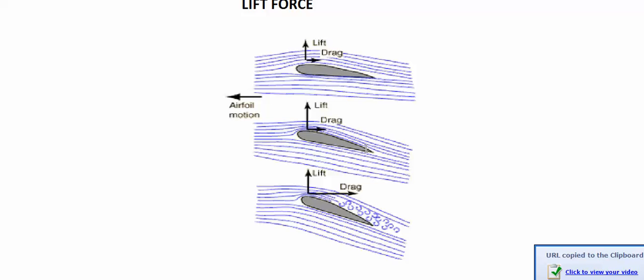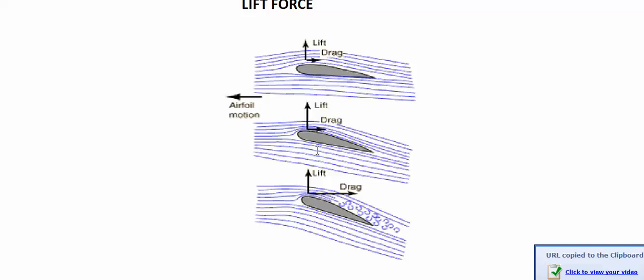So naturally the velocity of the particles above the blade has to be more. As the velocity is more, naturally the pressure is less, because it's Bernoulli's theorem, a law that as the velocity increases, the pressure decreases.